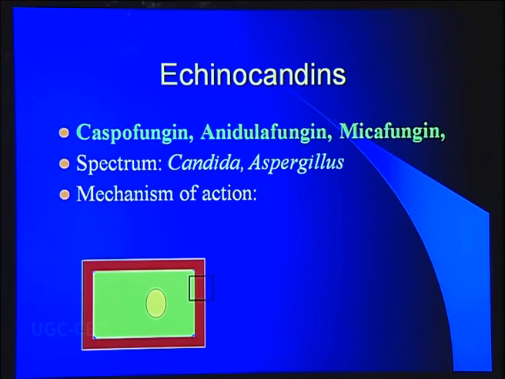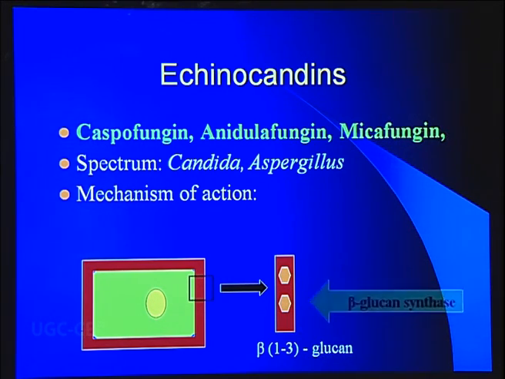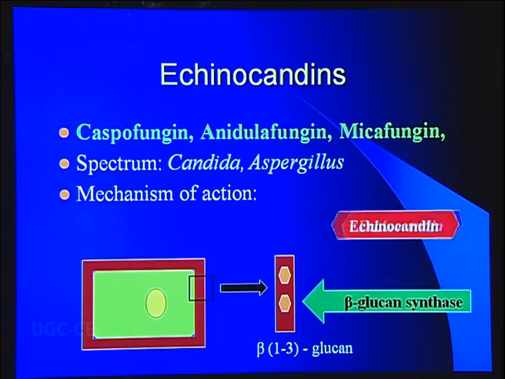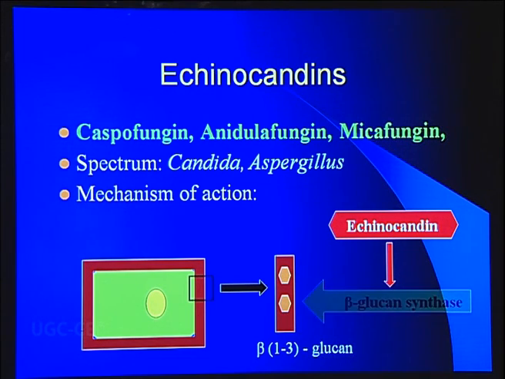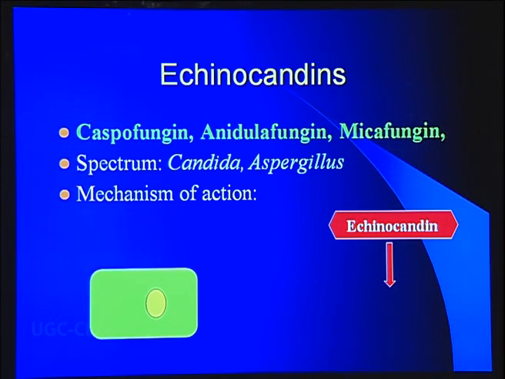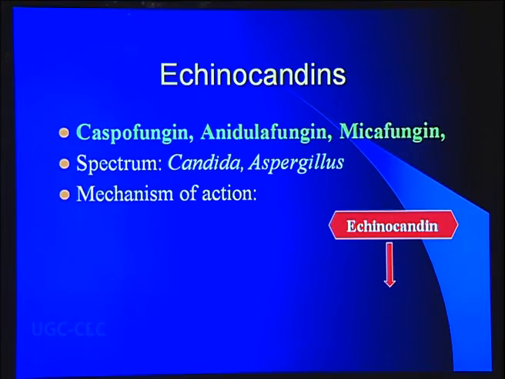As you can see, beta-1,3-glucan is an important structural unit of the fungal cell wall. And the rate-limiting enzyme for beta-1,3-glucan synthesis is beta-glucan synthase. When an echinocandin is administered, it will inhibit beta-glucan synthase and so fungal cell wall synthesis will be interfered with. In the absence of the protective cell wall, the fungal cell will die.